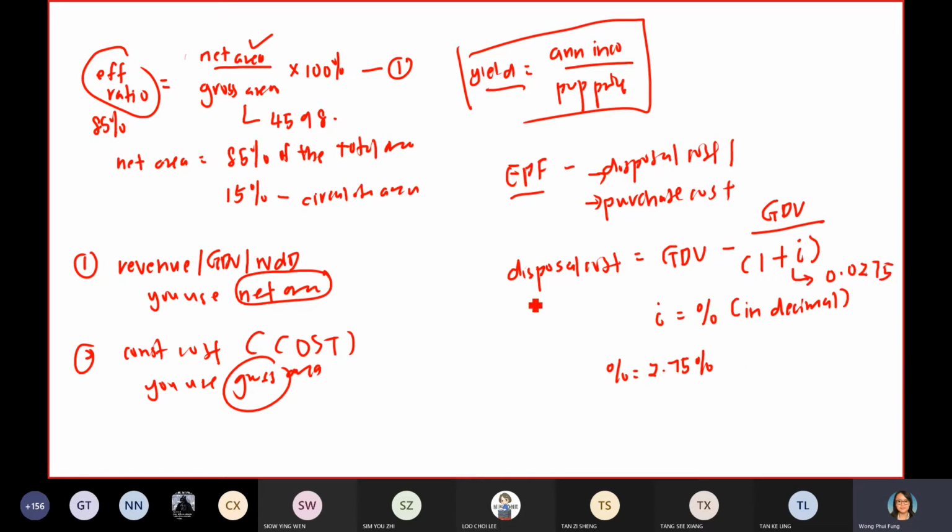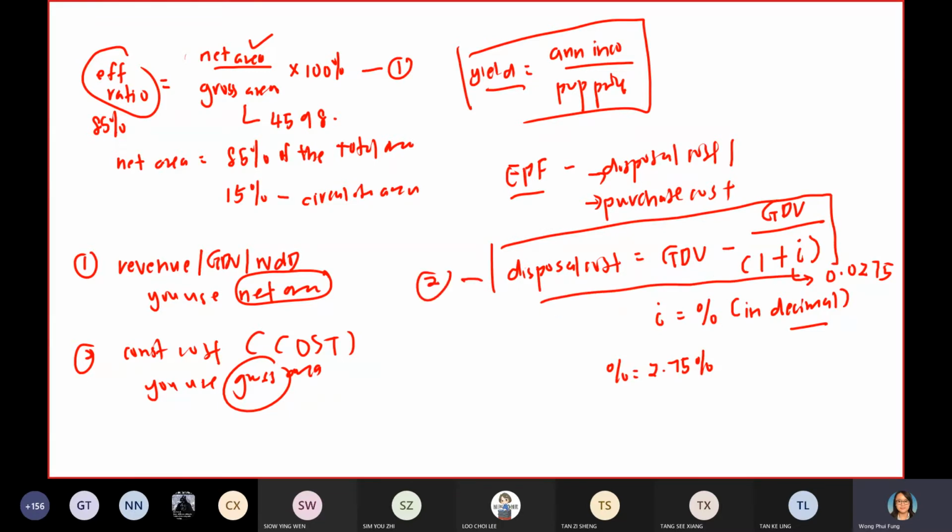I repeat again: disposal cost, the formula is GDV minus GDV divided by 1 plus i. The i here is the percentage expressed in decimal. So if your percentage is 2.75, then the i should be 0.0275.